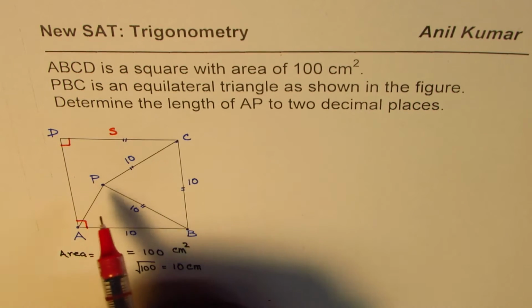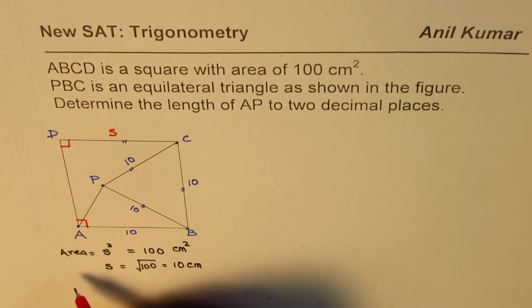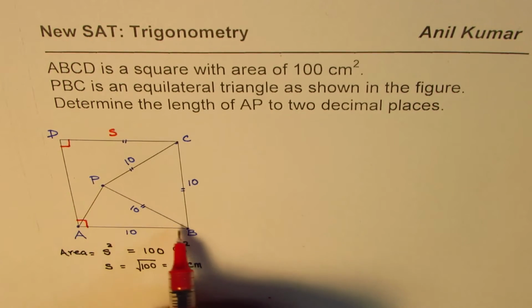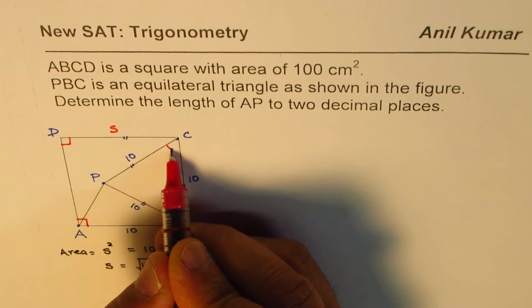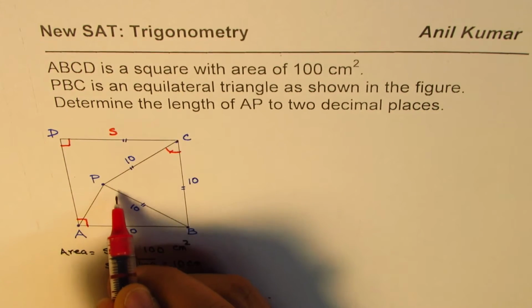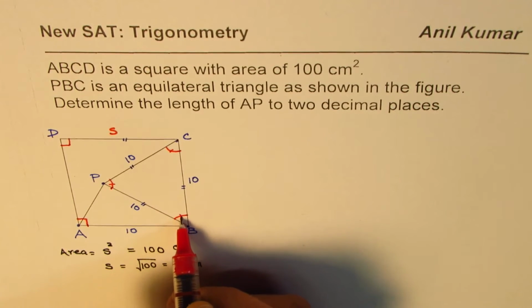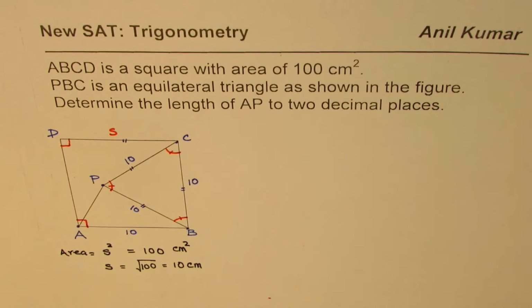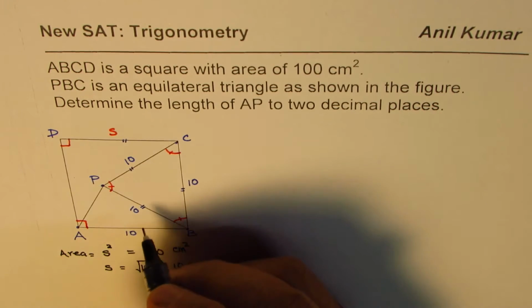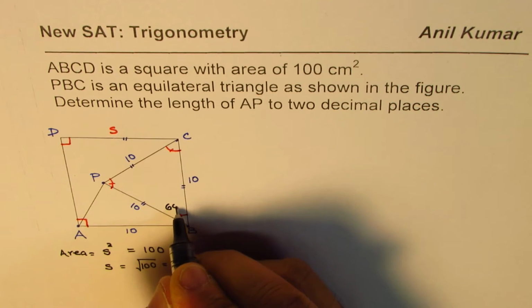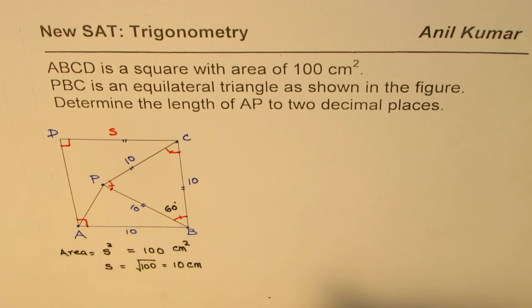Now from here, how can we find the length AP? That's a big question. Well, as you know, equilateral triangle means these angles are all equal, right? So all these angles are equal. 3 angles which are equal in equilateral, they should be each 60 degrees, right? 60 degrees times 3 makes it 180, or 180 divided by 3 is 60 degrees, right?